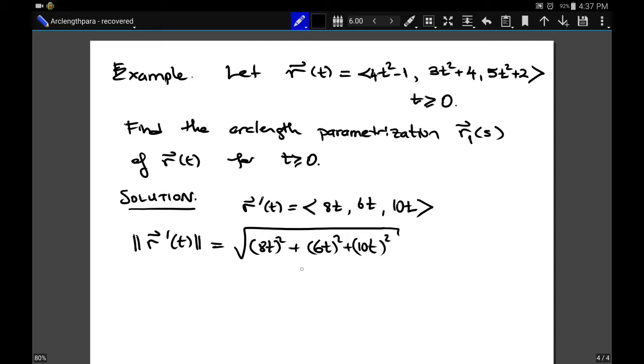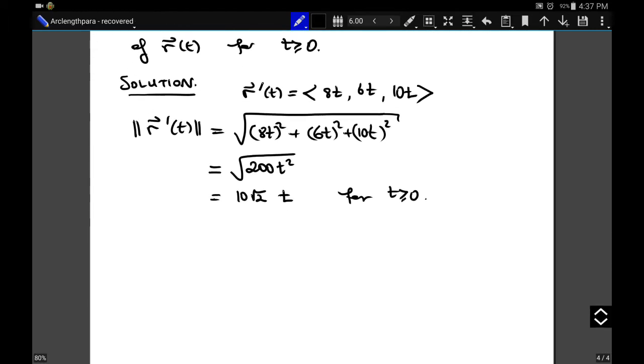You see that 6t squared plus 8t squared is already 100t squared. Another 100t squared is 200t squared. So this will be 10 square root 2 times the absolute value of t, but t is positive, so it is going to be just t.